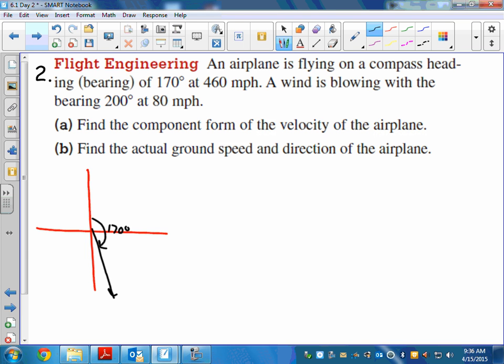But I don't want 170 degrees because the angle that we use in component form is just measured from the x-axis. So could you tell me what the angle would be just from here to here? Negative 80 degrees. Do you agree with that? Because I'm below the x-axis.